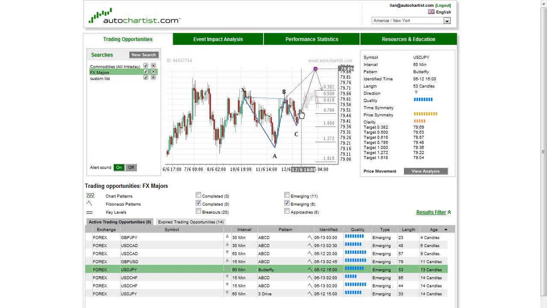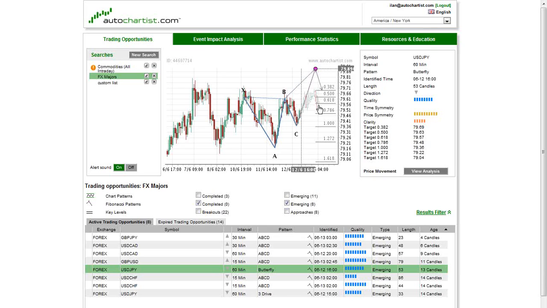You can see that the price was moving towards that level, but never reached it. It looks like the price is turning around prior to hitting that level. So this butterfly pattern has not completed, unless there's a dramatic shift in the way the dollar is performing against the yen, and it moves up to 79.89.